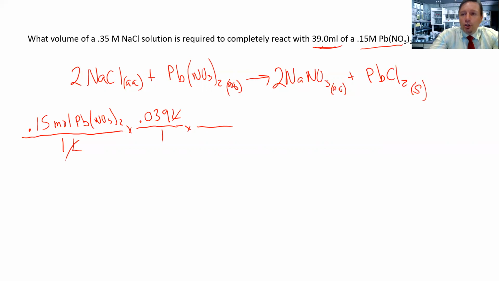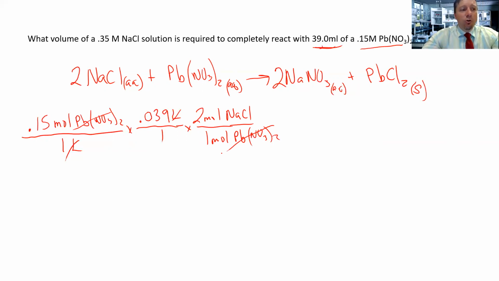So now I'm going to look at my stoichiometric calculations here. So I have to cancel out my lead nitrate to get to sodium chloride. So I have 2 moles of sodium chloride to 1 mole of lead nitrate. So my lead nitrate cancels off right there.